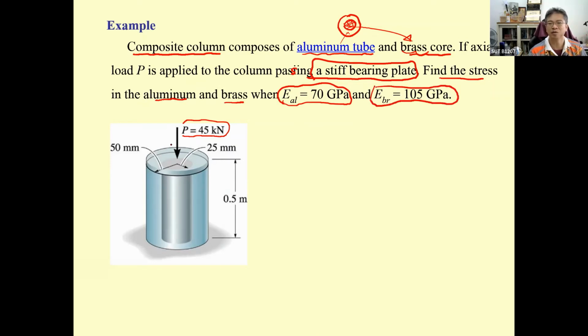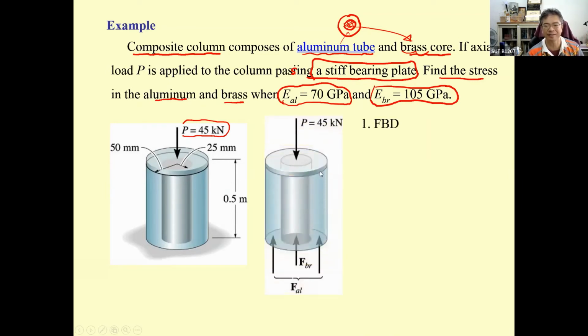The same thing. You have to start by drawing the free body diagram of the whole structure and check whether it is statically determinate or indeterminate. By doing this, the 45 kilonewton will be resisted by the force of the aluminum, distributed symmetrically about the centroid of the section, because the force in chapters 1 to 4 always passes through the centroid of the section.